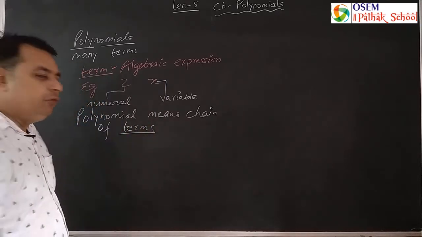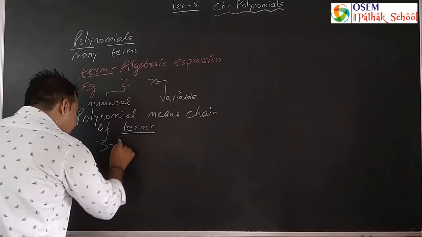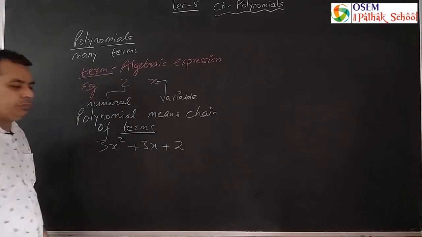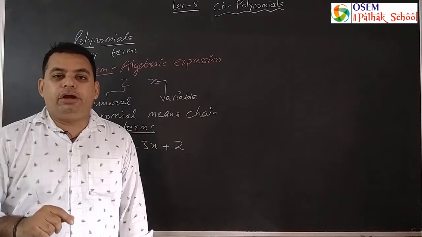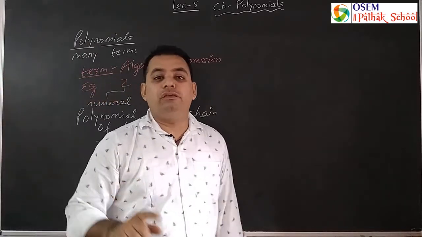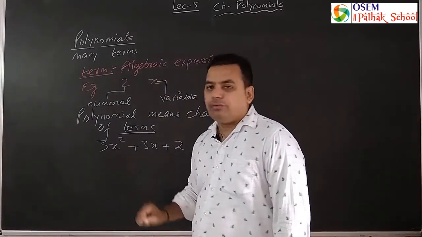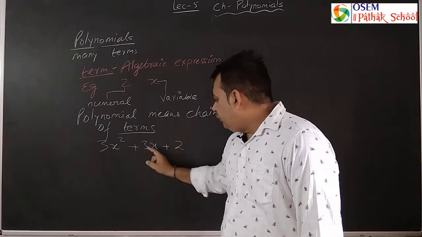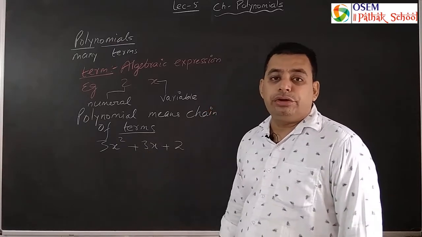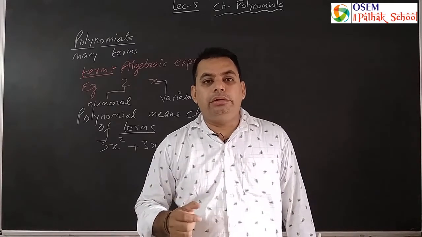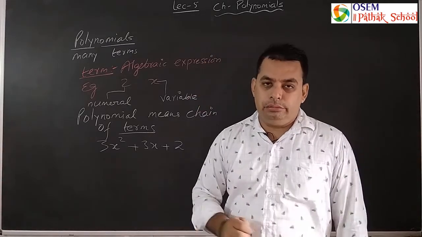Another example I can give you: 3x square plus 3x plus 2. A term always comprises a coefficient and a variable. So you can see over here 3x square is a term, 3x is a term, and 2 is also a term. Now you can ask me how 2 is a term.